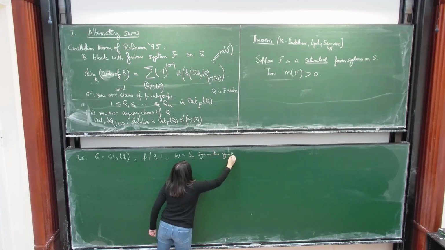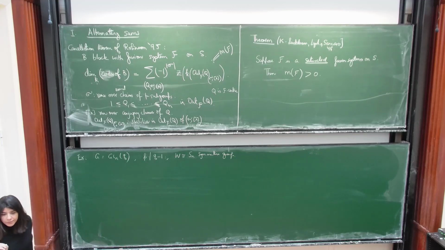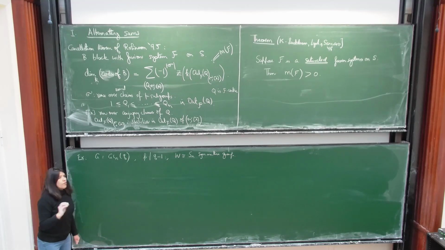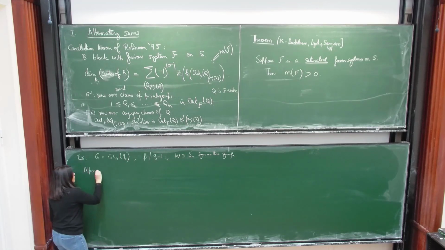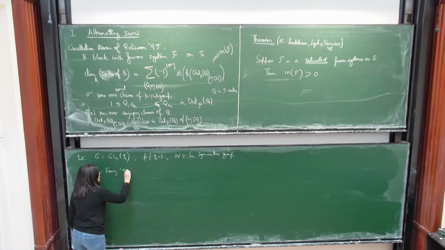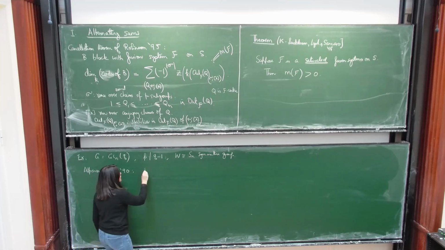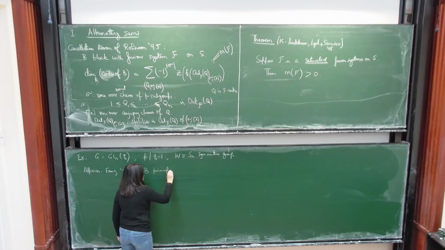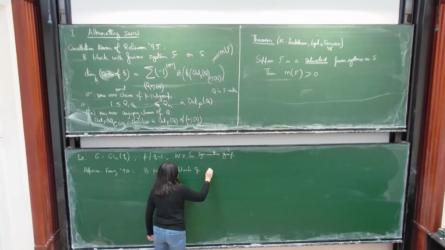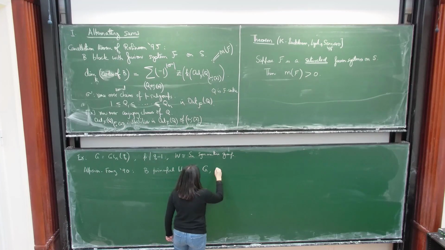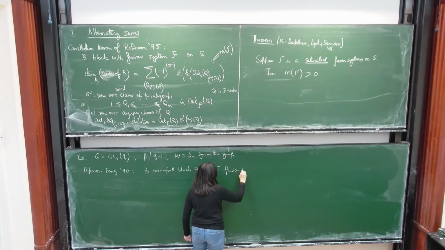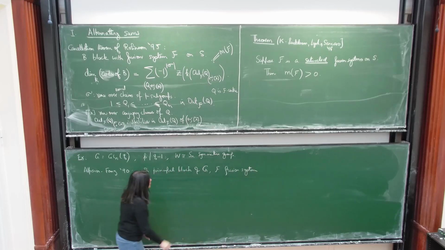And if you look at the paper of Alperin and Fong, from the prism of fusion systems, what they actually calculate when they show that the weight conjecture holds is they show, so this is 1990, that if B is the principal block of G in this case, and F the fusion system, it's a really beautiful equality.